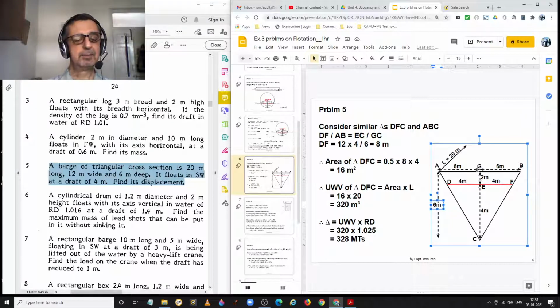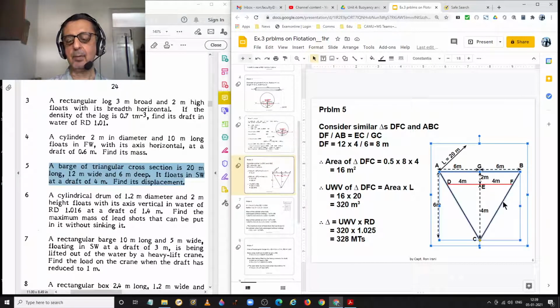Unless it is specifically mentioned in the problem, always the base will be on top and the apex of the triangle will be down. So the centroid of this triangle shaped body, barge, will be located at 2 meters from the apex, 2 meters down from the apex, and 4 meters up from the base.